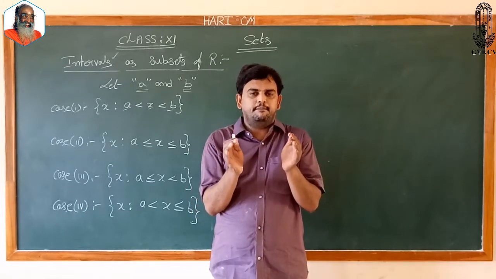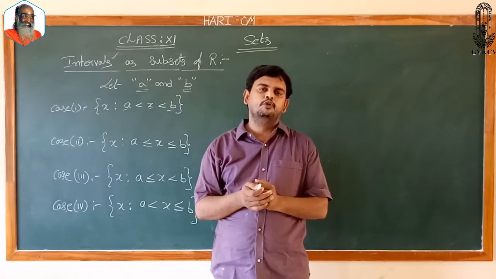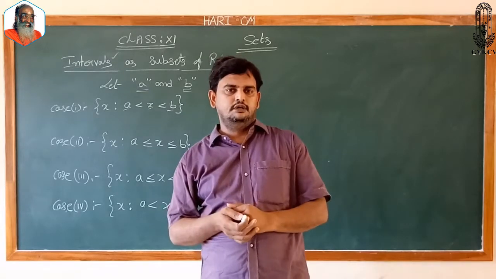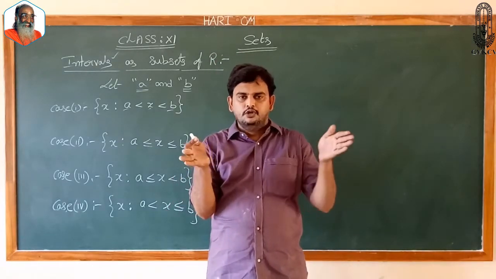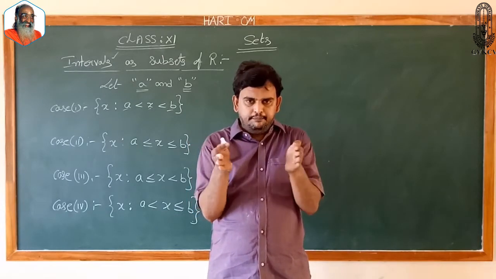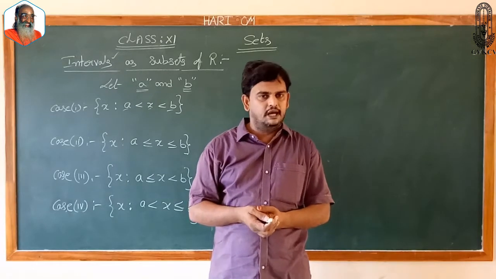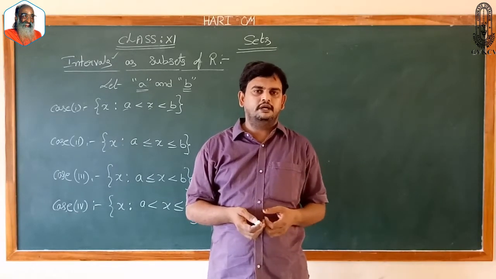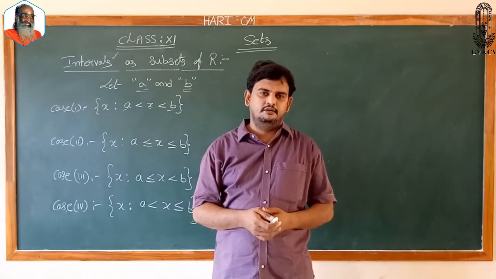Whenever they specify a particular period of time, during that period only you should have your lunch, means 12:30 to 1:10. This is our boundary. So between this interval of time you have to finish your lunch. No sir, I am not getting hungry during that time, I will eat at 2 o'clock. No one will give permission.